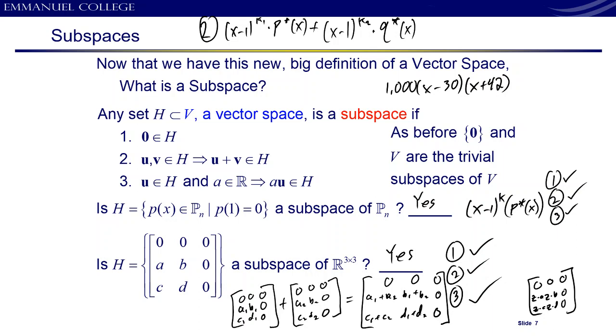So you have to make sure that the 0 of that vector space is in there. And typically that's one of the first things you want to try, because if 0 is not in there, that's just an easy way to knock out the fact that it's not a vector space. So those are a couple examples.